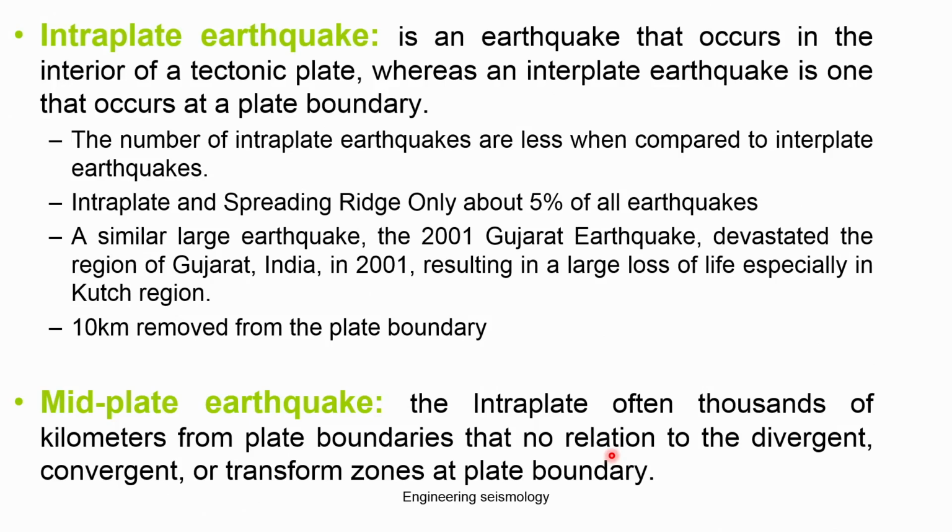These earthquakes are also very violent, but for interplate earthquakes you can expect higher magnitudes, from 9.7 to 10 or so. The intraplate earthquakes are moderate in size, up to magnitude 7 or 8. Up to 8 magnitude you can expect, and this also causes a huge amount of damage.